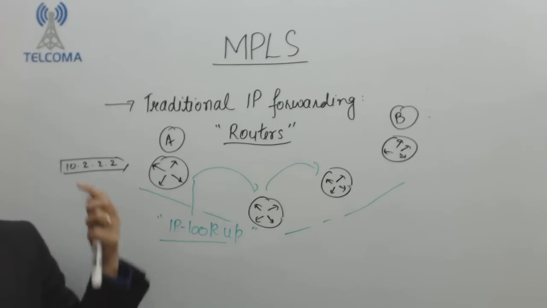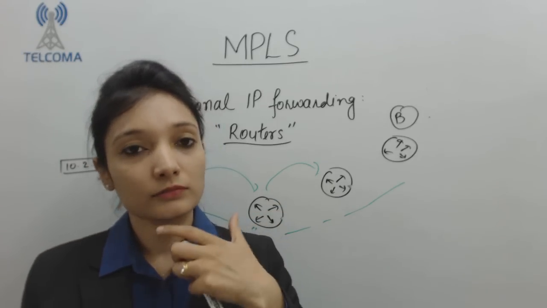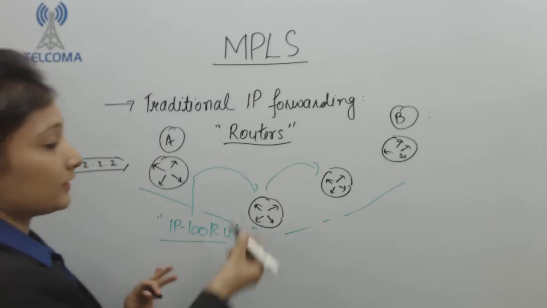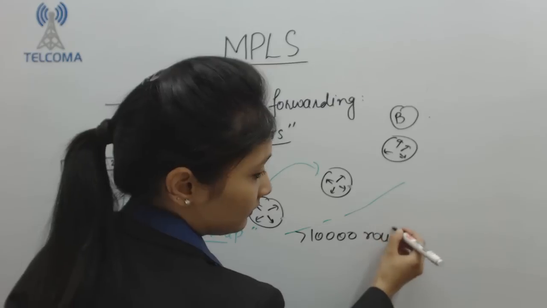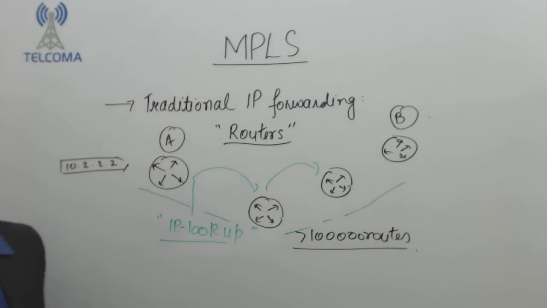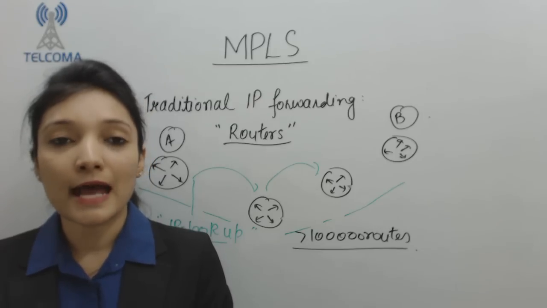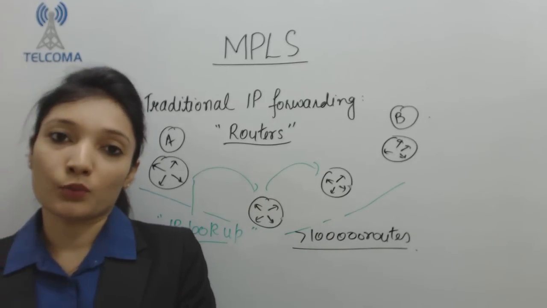Now every router may require the full internet routing information. A particular route can have more entries than this. So every time data is being forwarded using this forwarding technology, it has to find the absolute match. Only then can it forward the data.